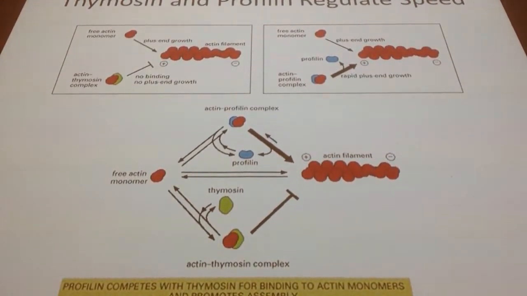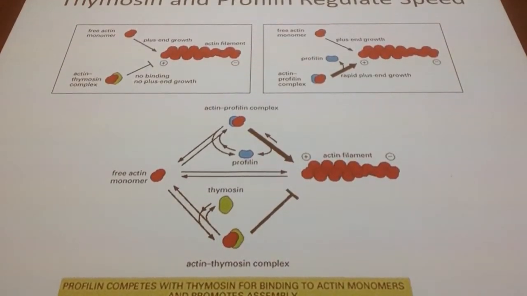So at that level of regulation, we talked about the regulation of nucleation, which is that ARP or formin must be present for nucleation to even begin. And then when nucleation occurs, the next level of regulation is whether or not thymosin and profilin are present to regulate the rate of assembly. Not to regulate assembly, but just the rate of assembly. So that's the next level, right?